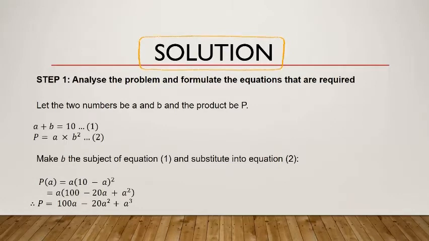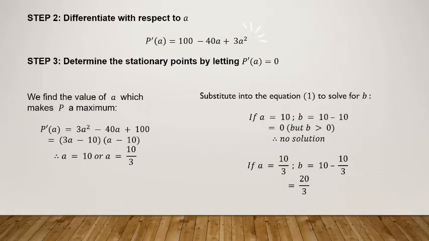The first thing you need to do is to analyze the problem and formulate the equations that are required. Let the two numbers be a and b, and the product be p. Make b the subject of equation 1 and substitute into equation 2. For step 2, differentiate with respect to a, and then determine the stationary points by letting p prime of a equal 0.